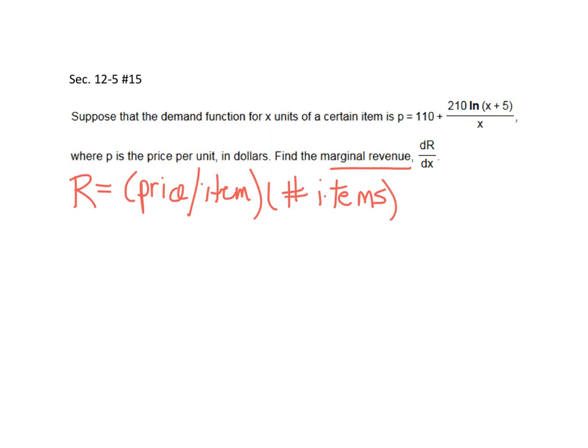And what we're going to want to find is R prime, and that's dR dx. So the first thing we're going to need to do here is actually write the revenue function. Now the revenue, since P is the price per unit, so that's price per item, we will take this to be the price per item.